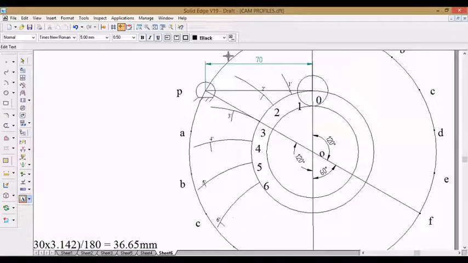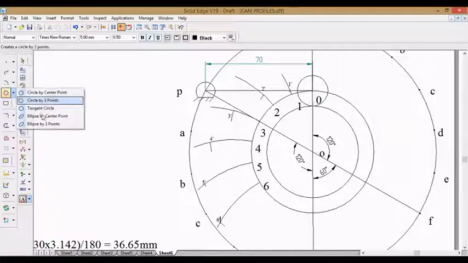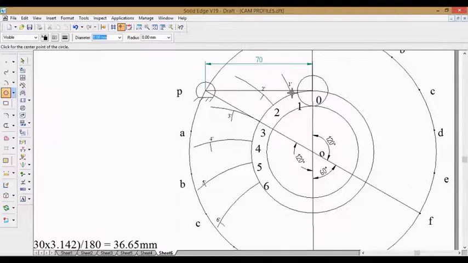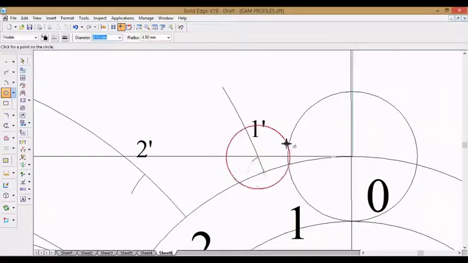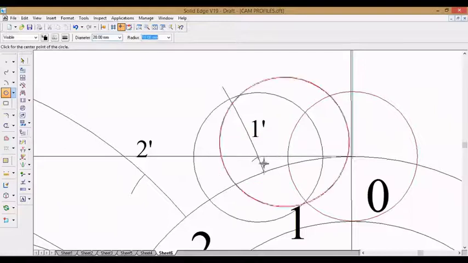Okay, so now you need to draw the circle. Circle at every point. Draw a circle by center point on the place of 1 dash, 2 dash, 3 dash, wherever it intersects. Diameter 20 mm.